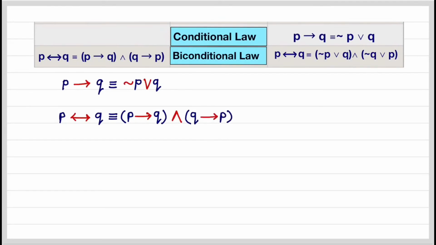But the implication P implies Q is equivalent to negation of P or Q. Therefore, it becomes (negation of P or Q), and now the second bracket will be negation of the first statement, that is negation of Q, or P, the second statement as it is. This is the biconditional law.